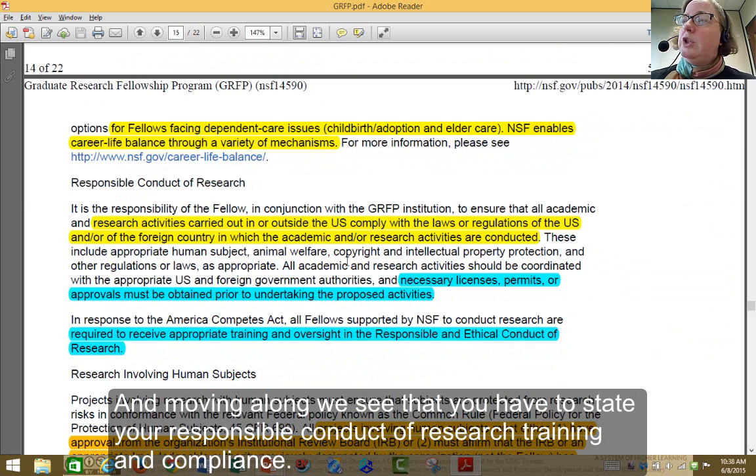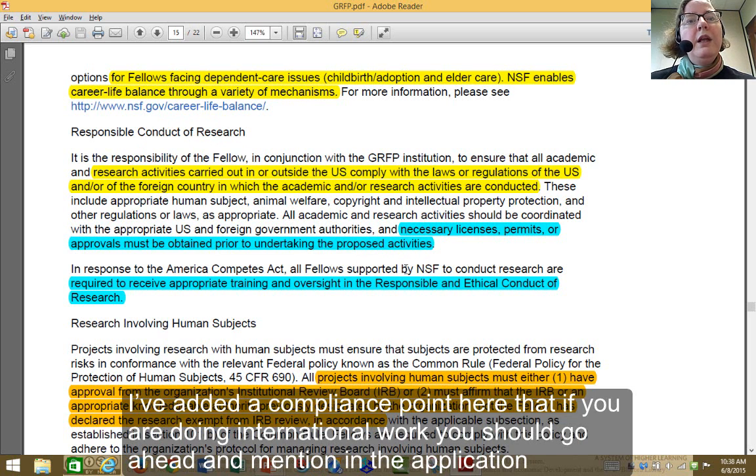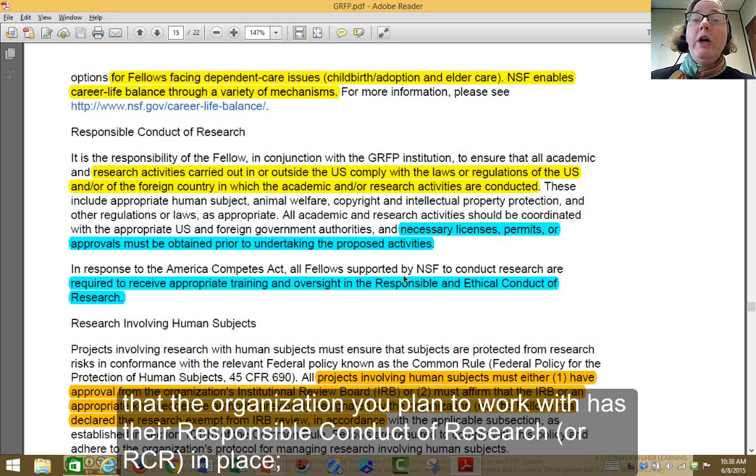And moving along, we see that you have to state your responsible conduct of research training and compliance. I've added a compliance point here that if you are doing international work, you should go ahead and mention in the application that the organization you plan to work with has their responsible conduct of research, or RCR, in place.